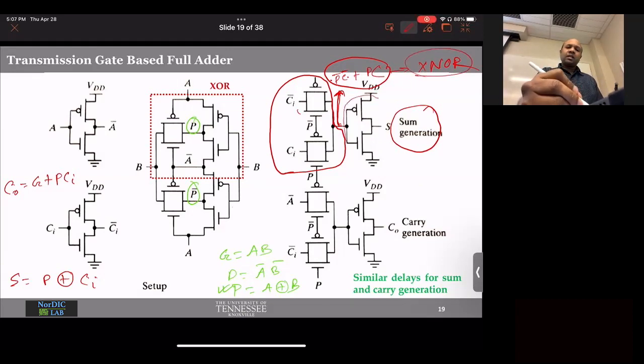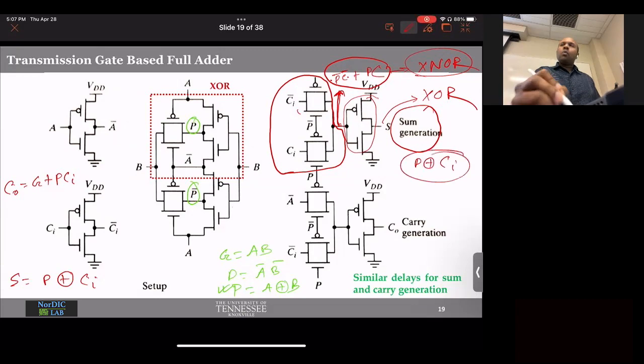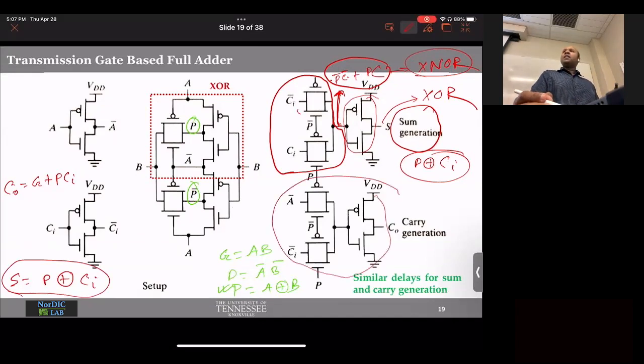With a CMOS inverter. So we are just inverting this XNOR and getting XOR. I'm taking P XOR CI. What is that? Sum, right? That's how I'm getting the sum. And you can go through the exact same chain to see the carry and vice versa.